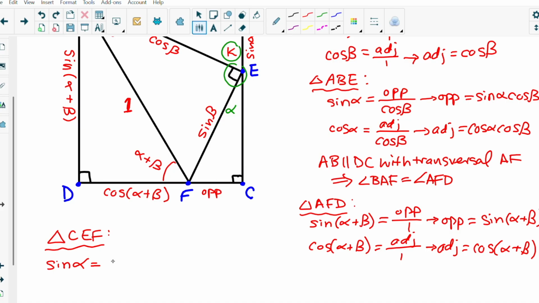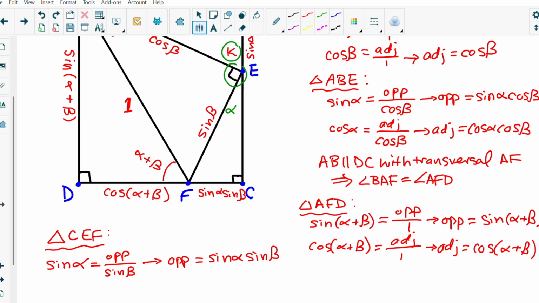Sine of alpha equals opposite over the hypotenuse, which in triangle CEF is sine of beta. So that gives me opposite side equals sine of alpha, sine of beta.